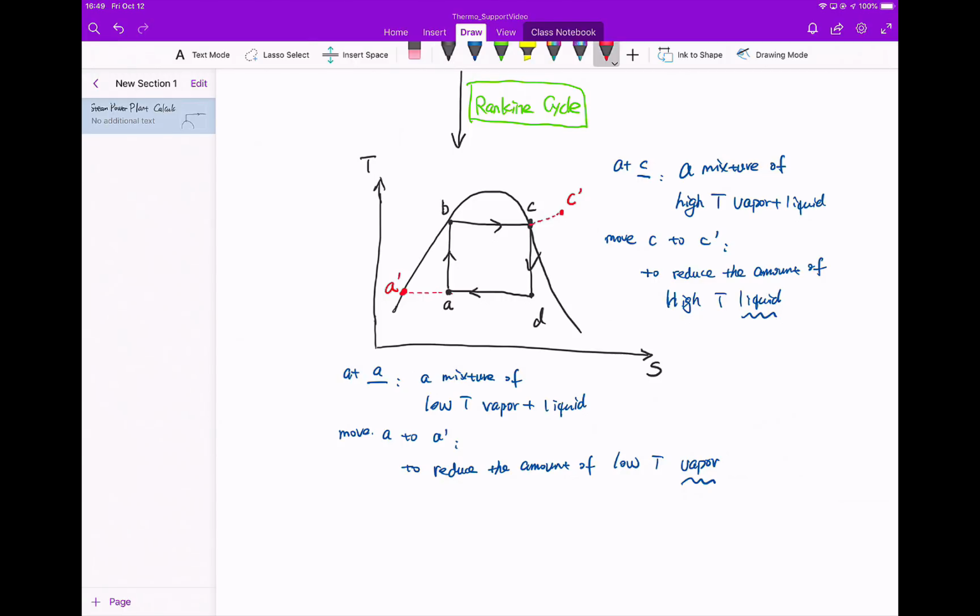Now if you try to stick with this actual state while we are doing the calculation, then we are having the actual A, which is A prime, B, C prime, and D. So that would be the curve we are going to have.